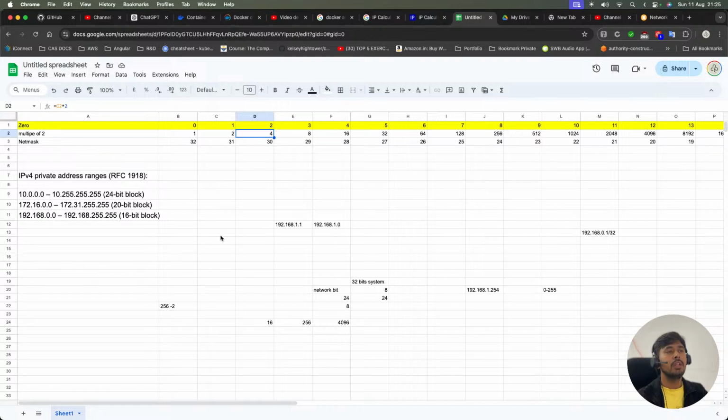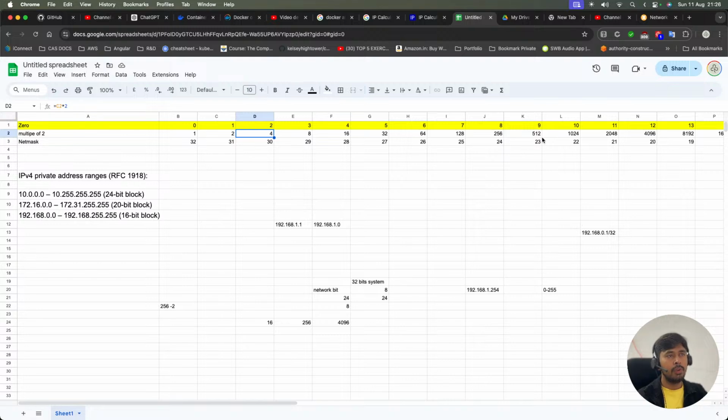This is how it works. And because now we know that 8 is a margin, this is called a net mask. So if we select 24, that means 256 IP addresses are there, out of which 254 can be used.